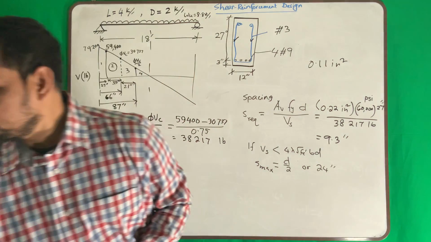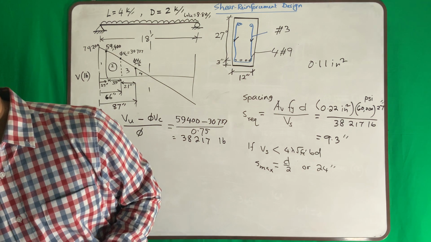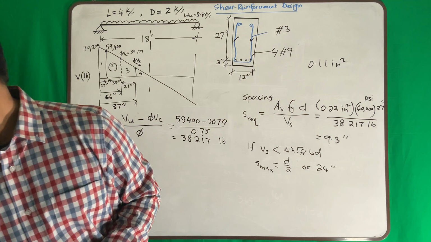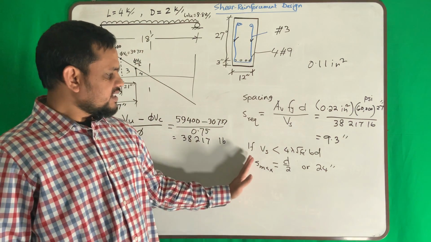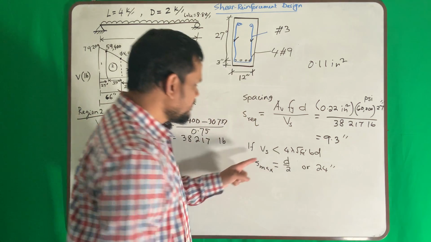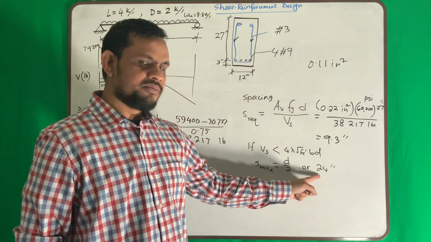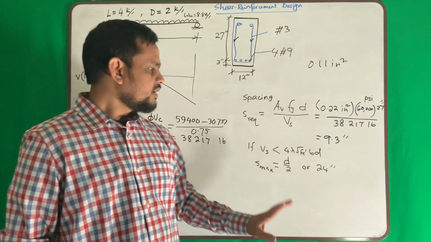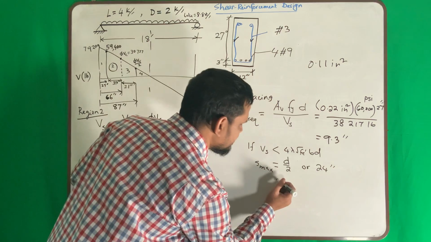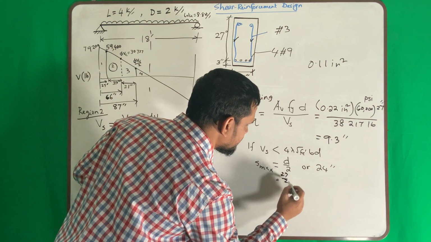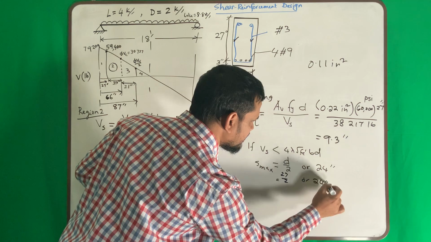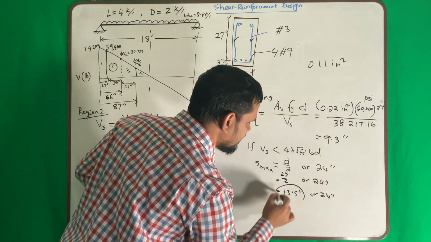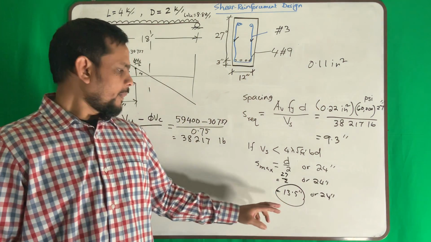Let me check with the book. Yes. So this is the maximum, this is d. If Vs is less than this, d by 2 or 24 is. If Vs is more than this, then d by 4 or 12 is. I am using the right equation. So what is this value? So 27 by 2 or 24 inch. That means 13.5 inch or 24 inch. That means this value is critical, control.